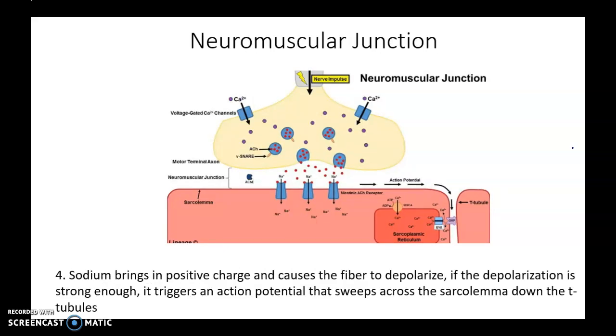Sodium brings in positive charge into the muscle fiber and causes the fiber to depolarize, or it forms an end plate potential. That's a local depolarization at the motor end plate. And if the depolarization is strong enough, it triggers an action potential that sweeps across the sarcolemma, as shown by the black arrows, across the sarcolemma down the T tubules.